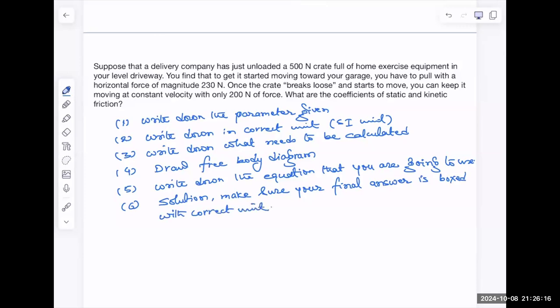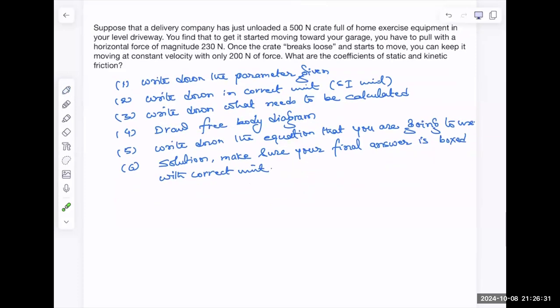So there are 6 steps to follow. Whenever possible, if the problem needs a free body diagram, draw this free body diagram. Like in this problem, everything that we are given here is the solution.